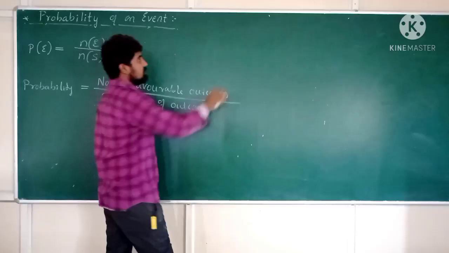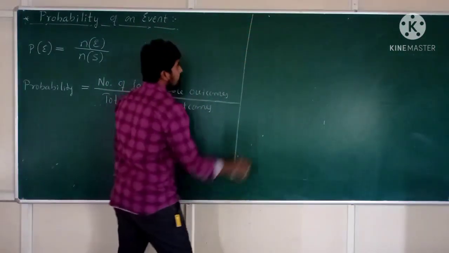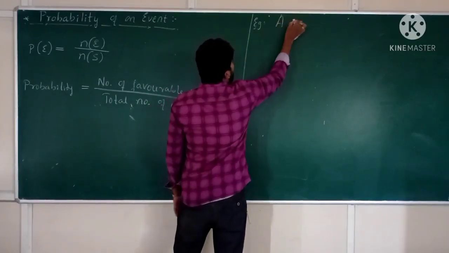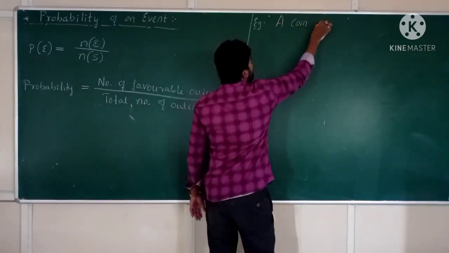Let us consider an example. A coin is tossed twice.